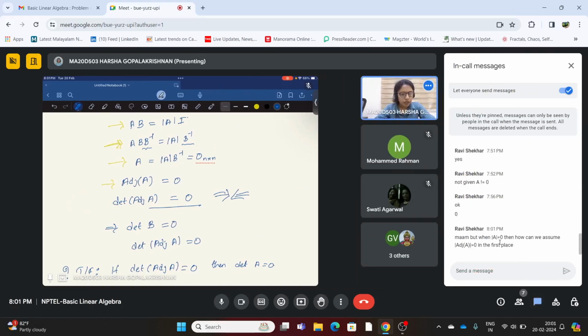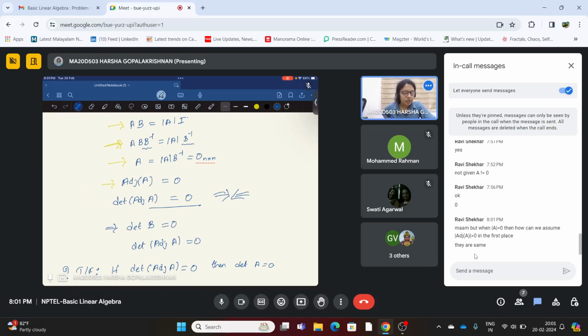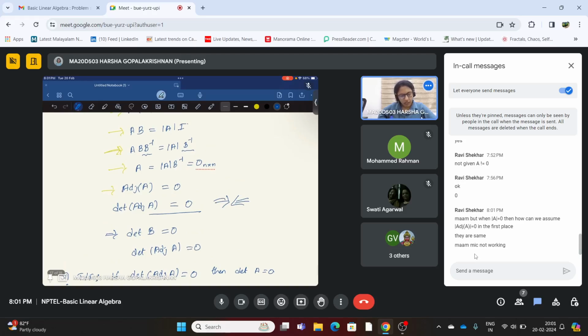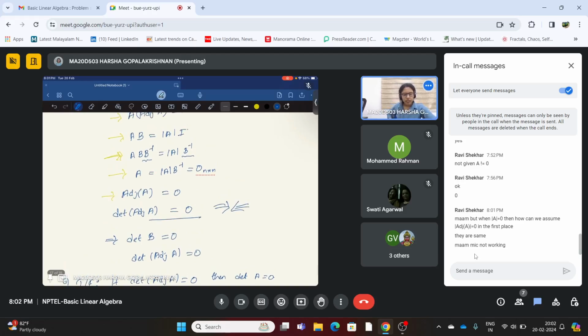When determinant of A equal to 0, how can we assume determinant of adjoint? Can you specify where we assumed determinant of A equal to 0? Can you please unmute and talk? I am not clear about your doubt. Did I use determinant of A equal to 0?